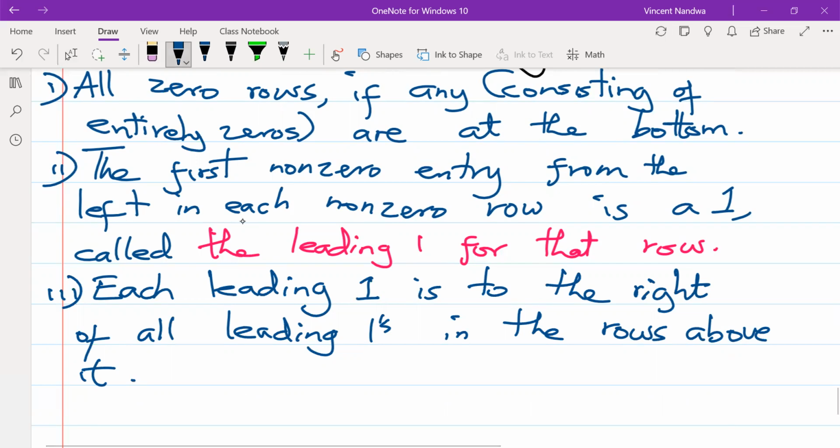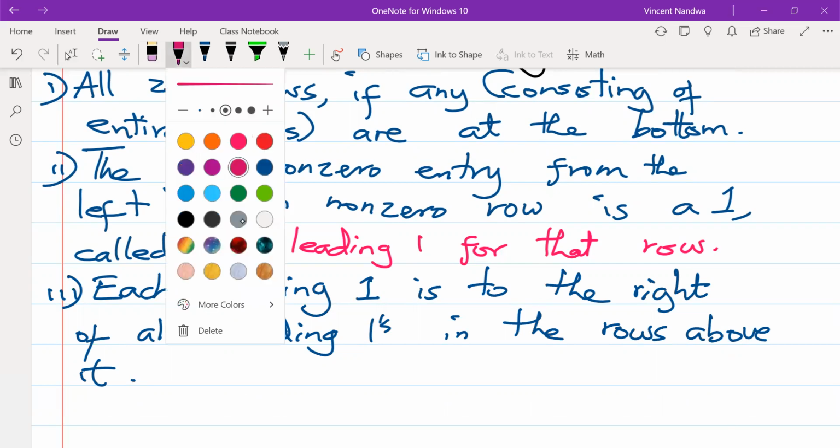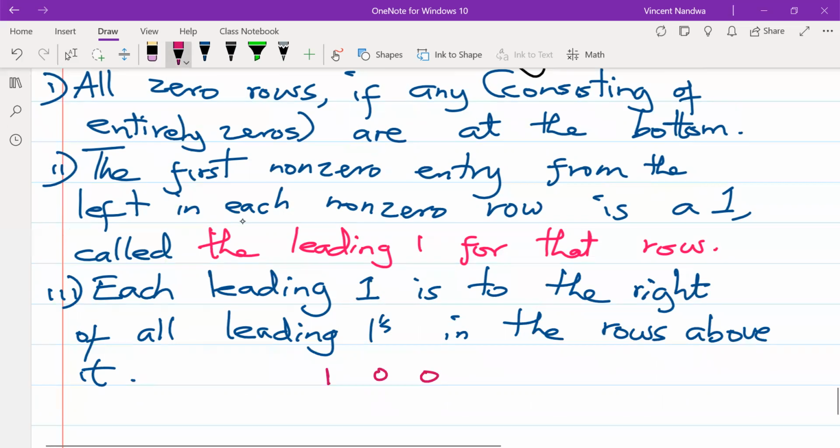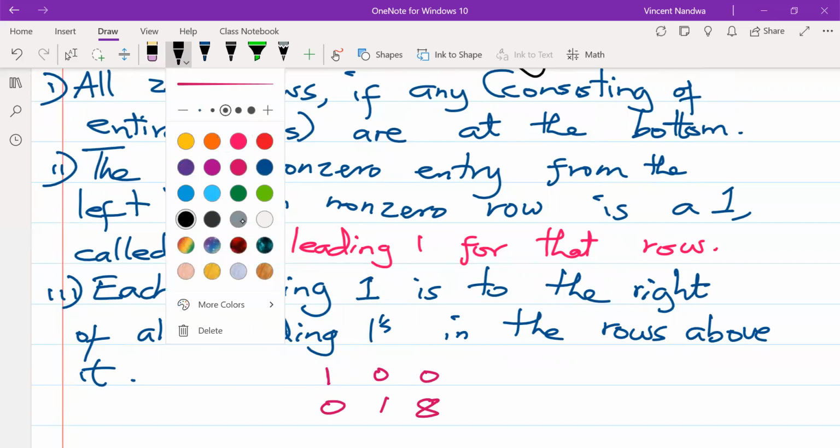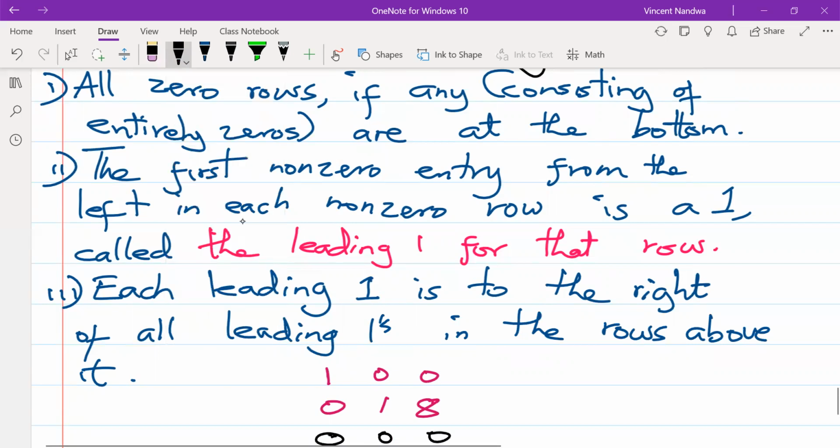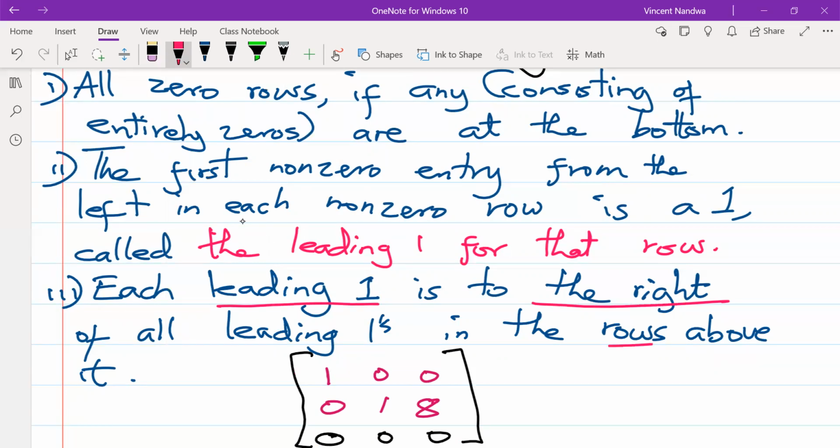This is what I mean. Like if I have 1, 0, 0, for instance, in this matrix, condition 3 says that each leading 1 is to the right of the leading ones in the rows above it.